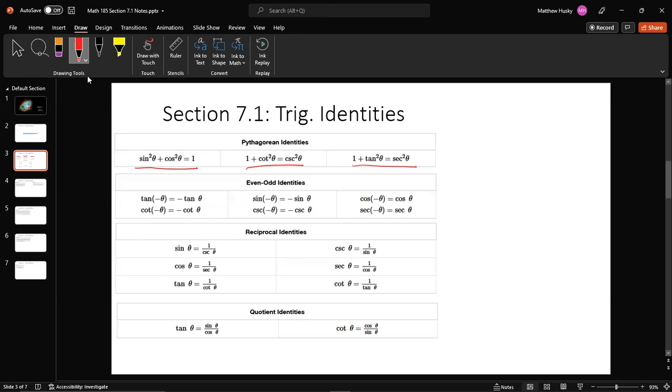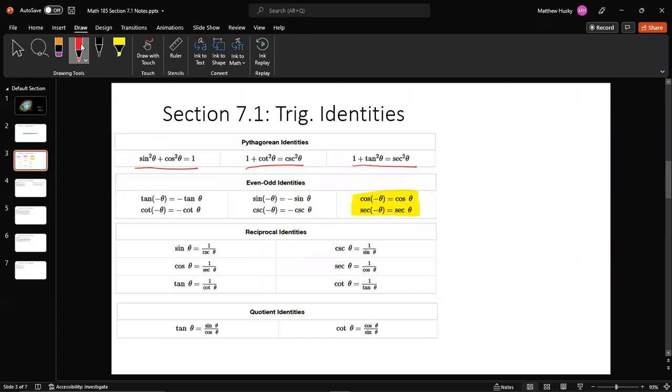We talked about the even and odd identities. Cosine is kind of the odd one out. Cosine is an even function, as is its cousin secant. If you put a negative angle into cosine, it ends up being equivalent to the positive angle, just like, you know, sine of negative 30 degrees is the same as sine of 30 degrees.